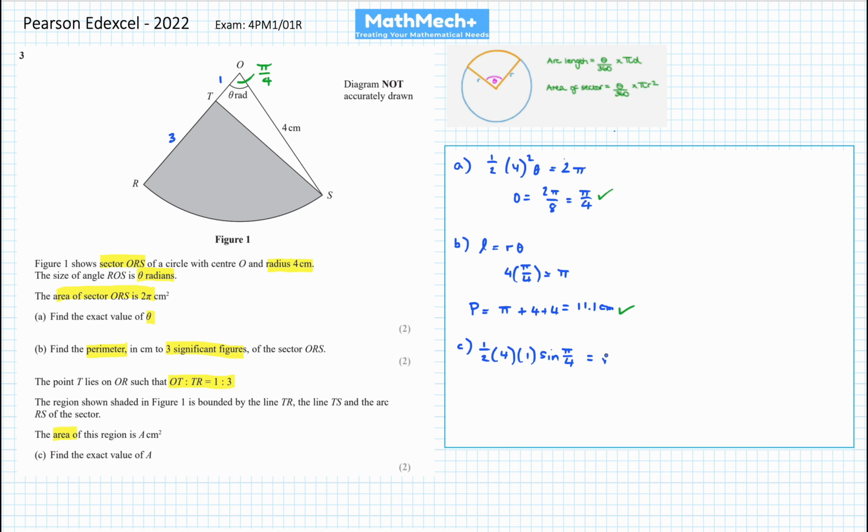So our area of that shaded region for A is 2 pi, which is our original area, minus root 2.